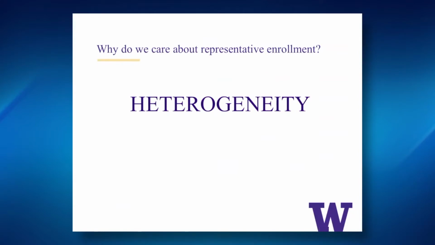Right? And obviously, we all know what heterogeneity is, that people are different, their outcomes are different, their biology is different, and so obviously we want to understand that we have included all kinds of people in our research.